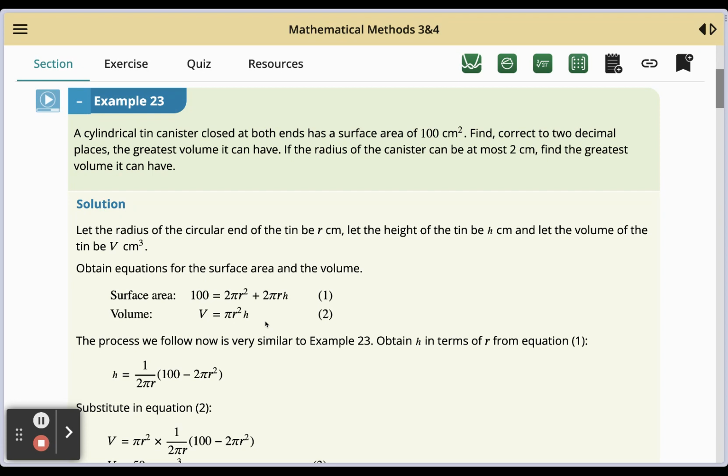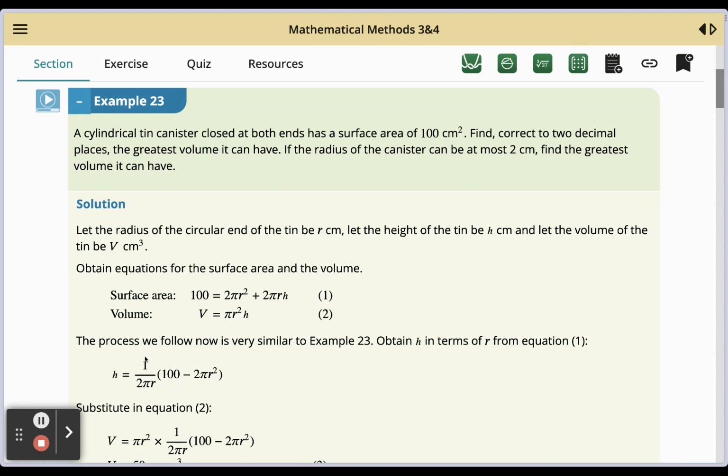So we've got a cylindrical tin canister closed at both ends, has a surface area of 100 square centimeters. Find, correct to 2 decimal places, the greatest volume it can have. And then you've got an additional part: if the radius of the canister can be at most 2 centimeters.